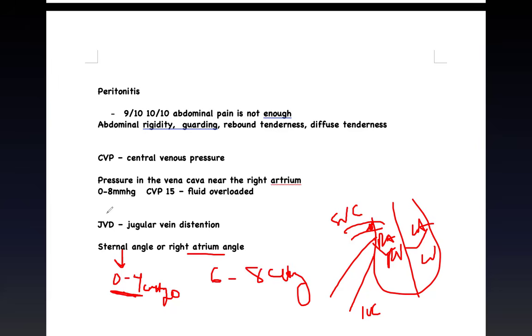When we're measuring the JVD towards the sternal angle, we're looking for 0 to 4, and anything greater than 4 is high JVD. Anything greater than 8 in terms of the right atrium is high JVD. Then you can treat it the same way as fluid overload and manage the patient in terms of fluid overloading. That's all.